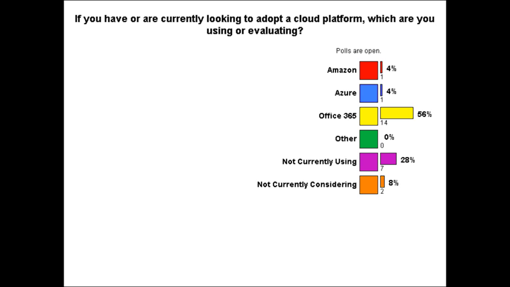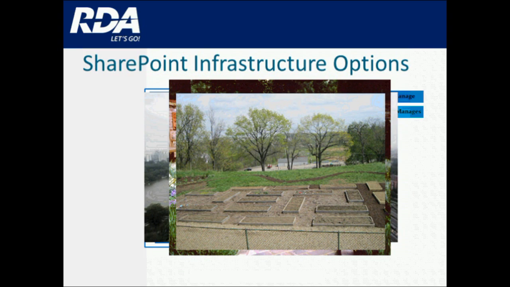Okay, so it looks like mostly Office 365, as well as a little bit of Amazon and Azure. So that's great. I think we'll talk through why you might choose Amazon or Azure over Office 365 or vice versa. It also looks like a lot of you are not currently using it, but most of you are at least using or considering the cloud. So that's great.